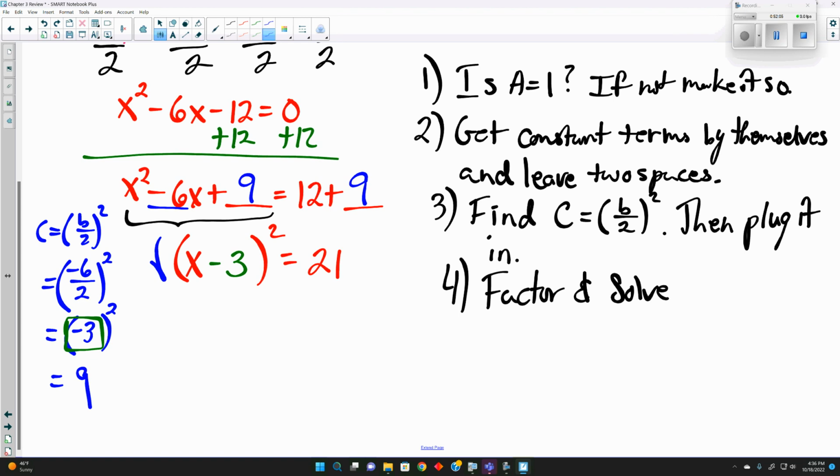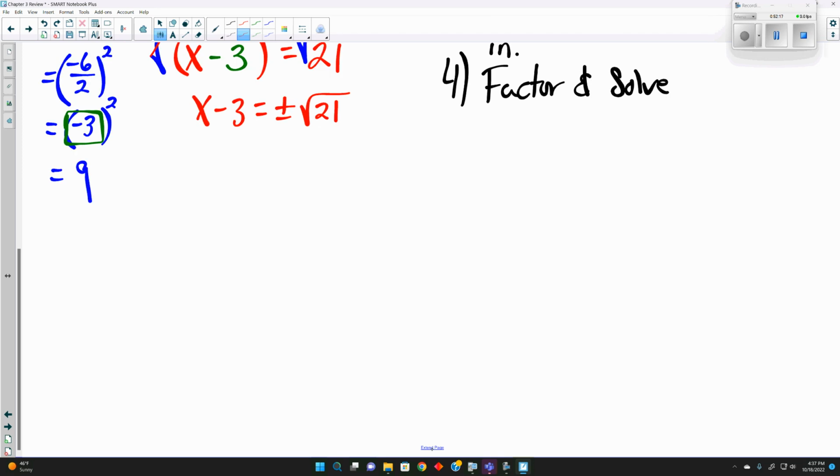And last but not least, we're going to solve. So we're going to square root both sides, and here the square root and square would cancel. Telling us x minus 3 is equal to plus or minus the square root of 21. And again, at this point here, I would plug this into the yellow calculator. I would plug it into the 30XS and see, does the square root of 21 simplify?